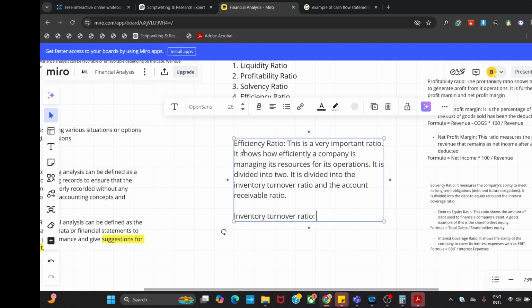For example, if a company deals in iPhones, the inventory turnover ratio shows how many times the company buys iPhones, finishes selling them, and reorders them. In cost accounting, this is where we have the minimum order ratio, the maximum order ratio, and other metrics too. So let's go ahead and take a note.